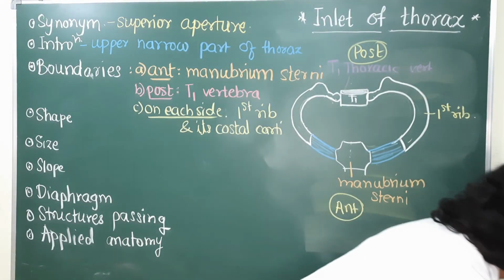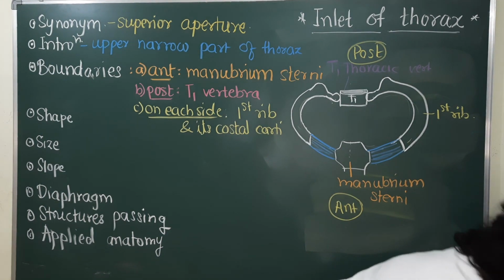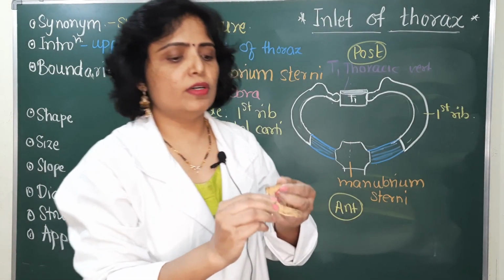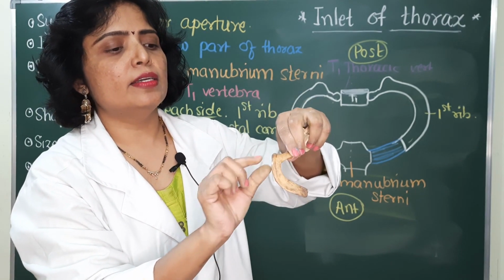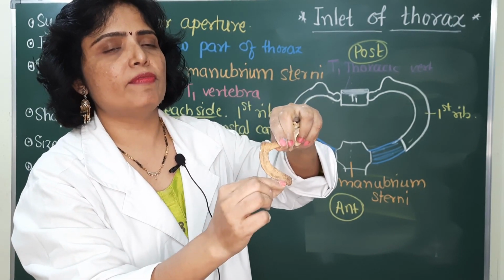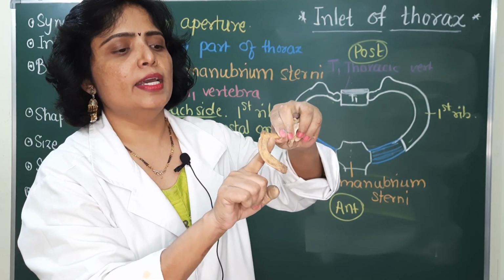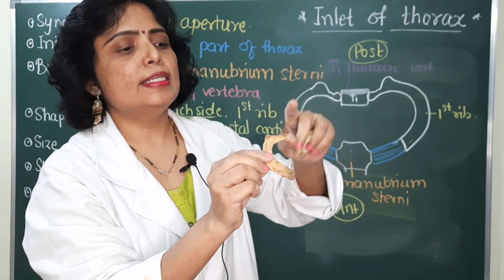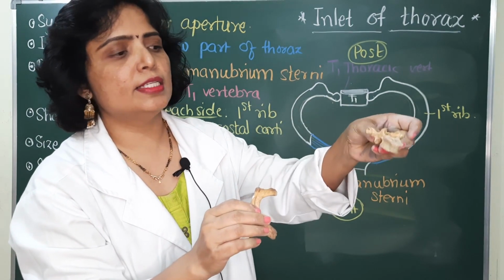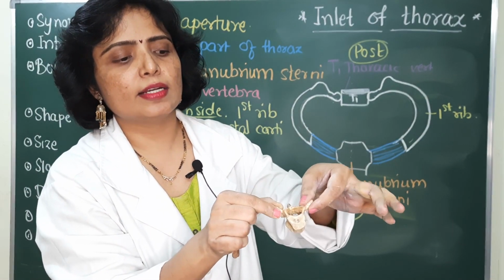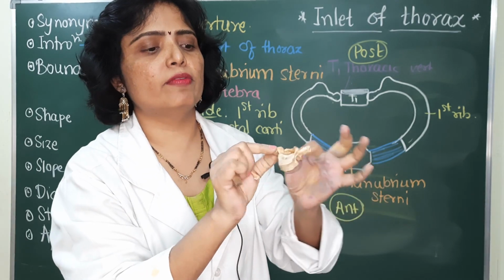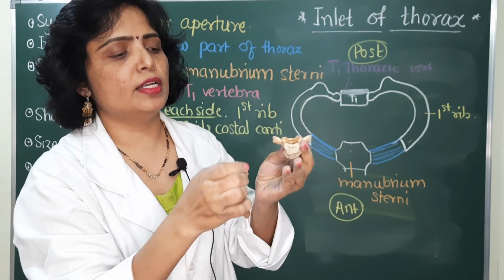You know the parts of the first rib. Suppose this is the first rib: here you get the head, this is the neck region, here is the tubercle, and this is the shaft, which has an upper surface, lower surface, inner border and outer border. This is the first thoracic vertebra, this is the body of the vertebra, these two are the transverse processes, and this is the spine of the vertebra, which faces posteriorly.